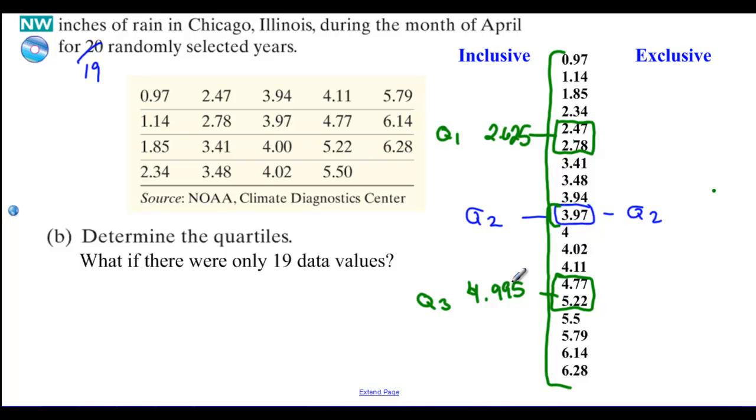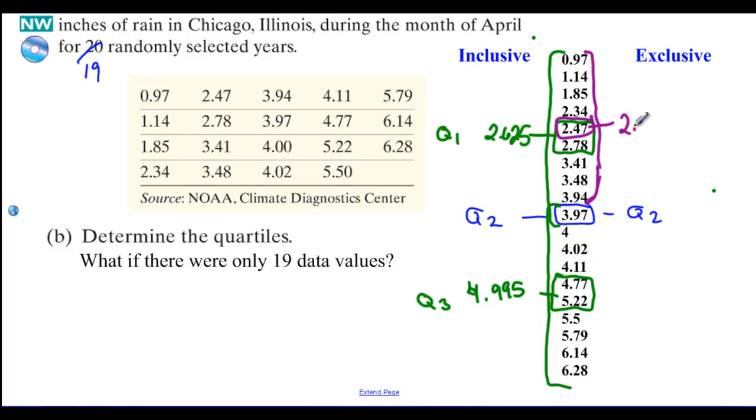Now, exclusively, we are going to exclude the median whenever we're looking at the top half and the bottom half, or the first half and the second half of the data. So we're looking at these 9 points. Well, whenever we have 9 points, that means we're just looking for the middle data point, because this is odd. So we're going to look right here. And so that's our 5th data point.